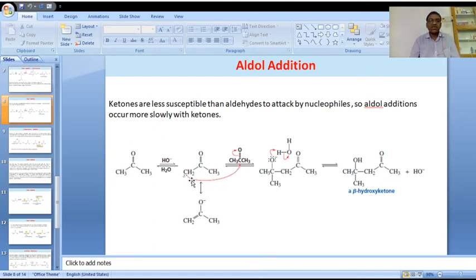Here, this enolate ion intermediate reacts with a second mole of ketone, or acetone. This carbanion, the negatively charged carbon, bonds with the carbonyl carbon.